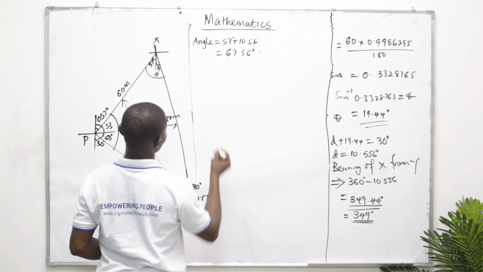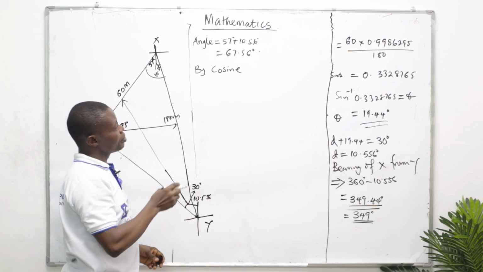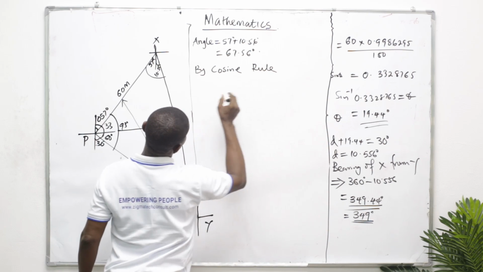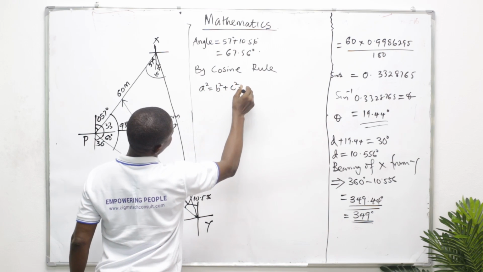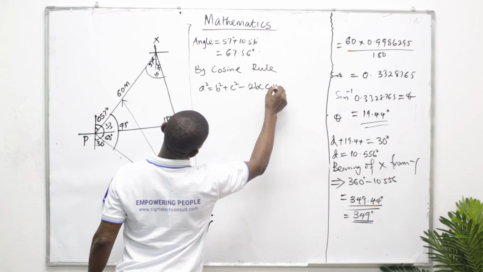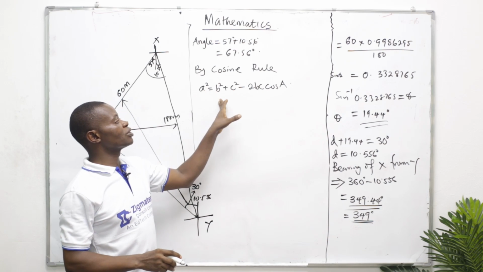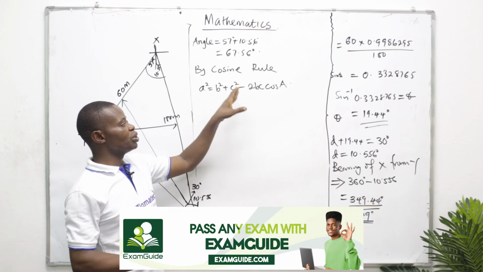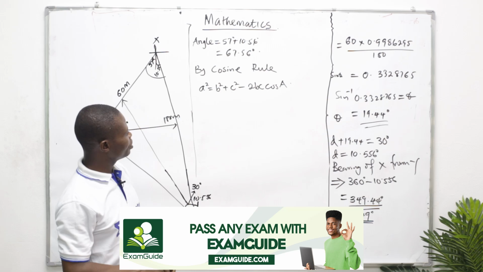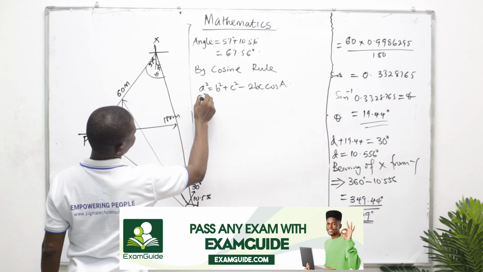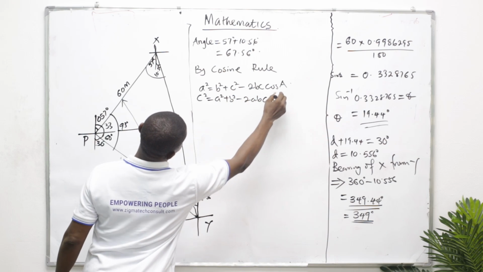Therefore, we are using it directly. By the cosine rule, recall that a squared equals b squared plus c squared minus 2bc cos capital A. The same thing goes for b squared equals a squared plus c squared minus 2ac cos capital B. The same thing for c squared equals a squared plus b squared minus 2ab cos capital C.